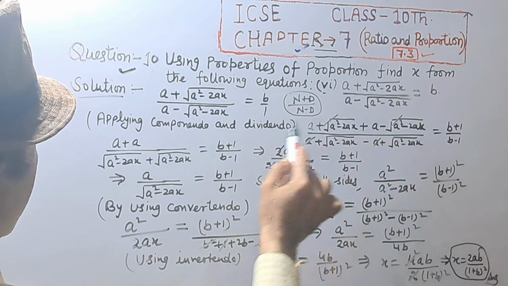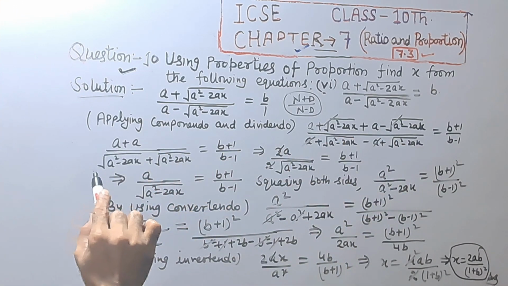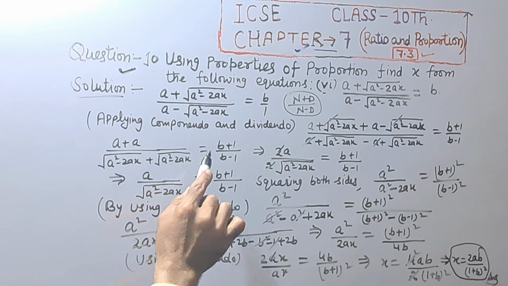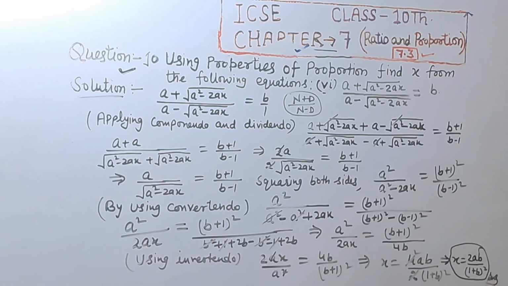This is cancelled, we get a + a divided by √(a² − 2ax) + √(a² − 2ax).